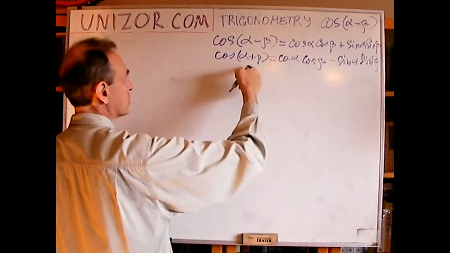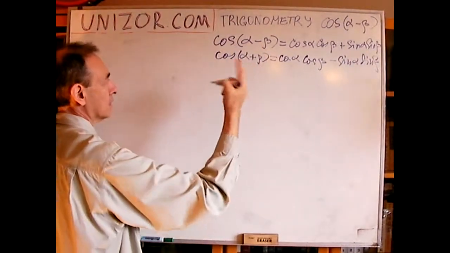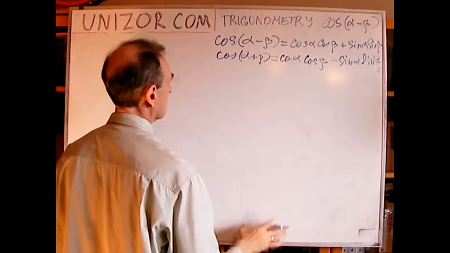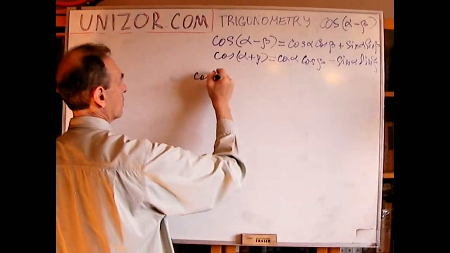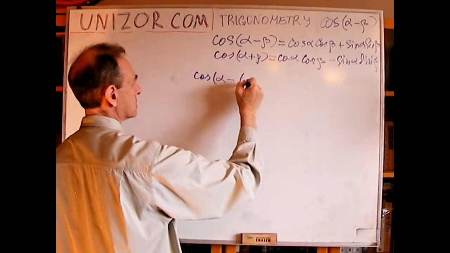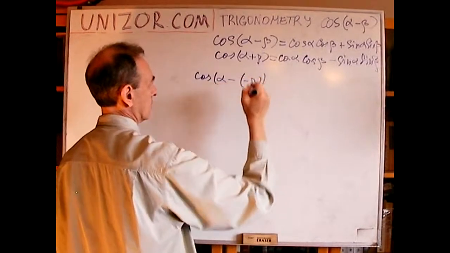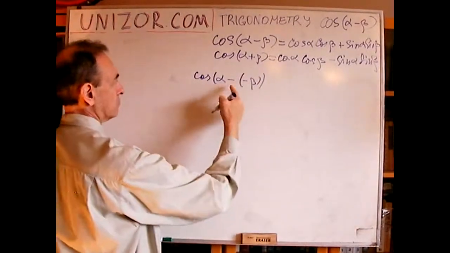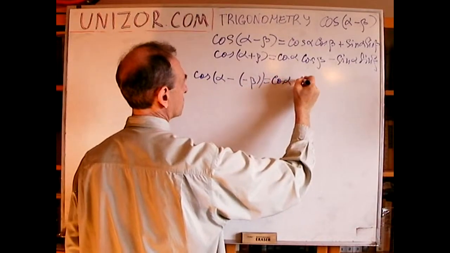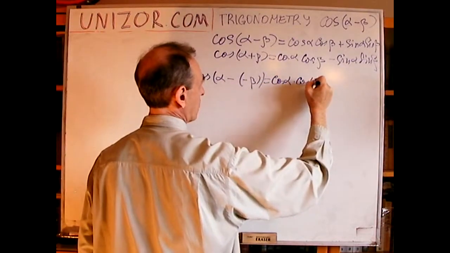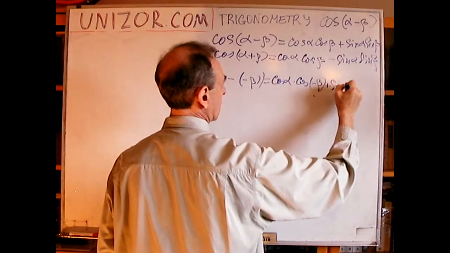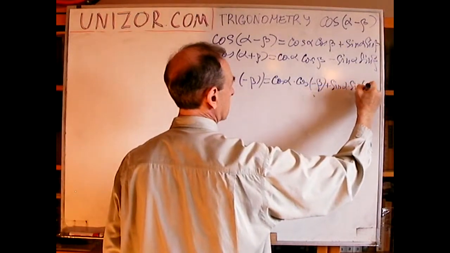Now, how can I obtain this from this? Well, let's change beta to minus beta in this particular case. So what happens? Cosine of, instead of alpha plus beta, I will put minus beta. Now I have minus, right? According to this formula, it's cosine alpha cosine minus beta plus sine alpha sine minus beta.